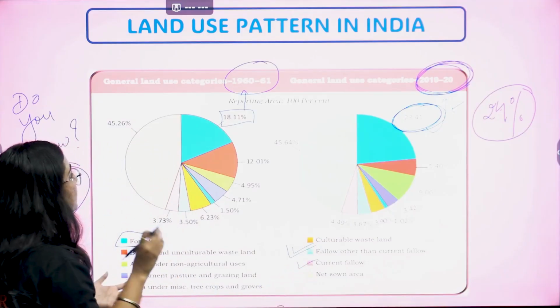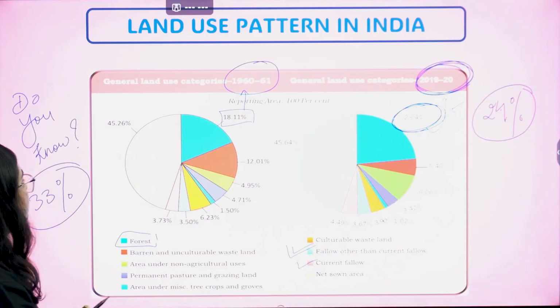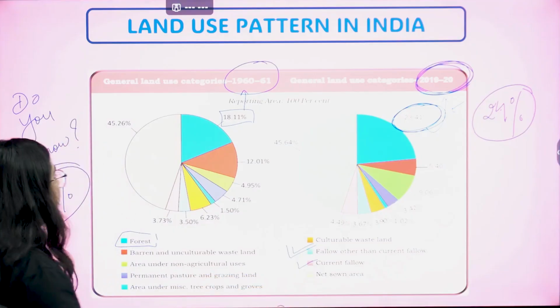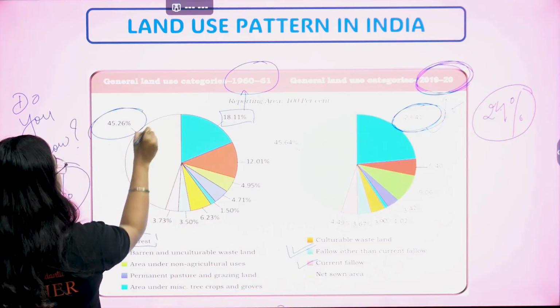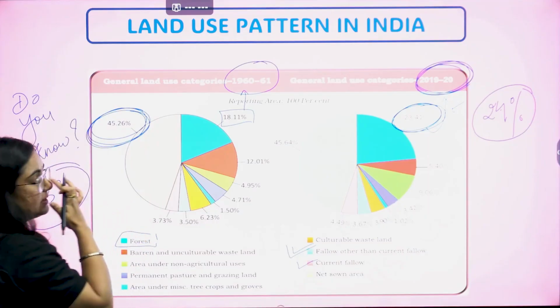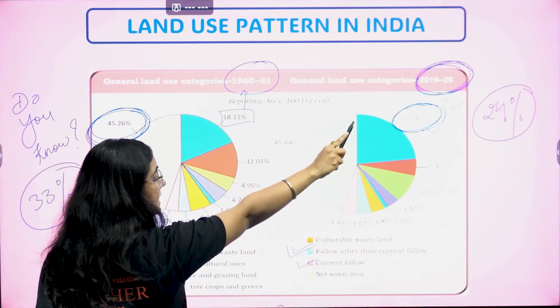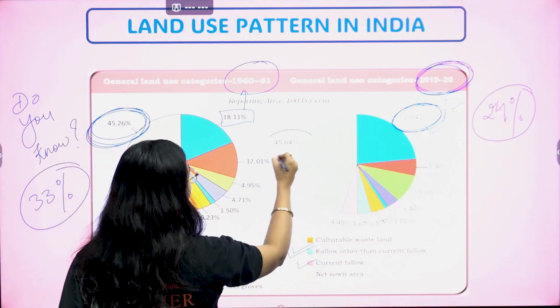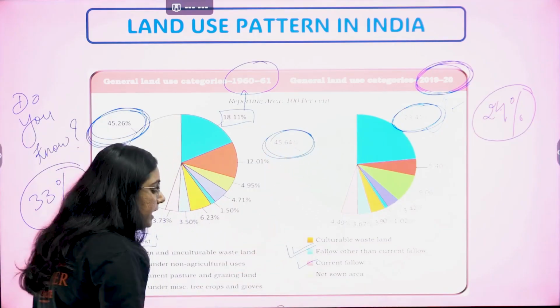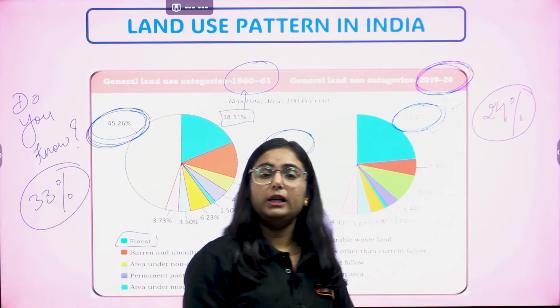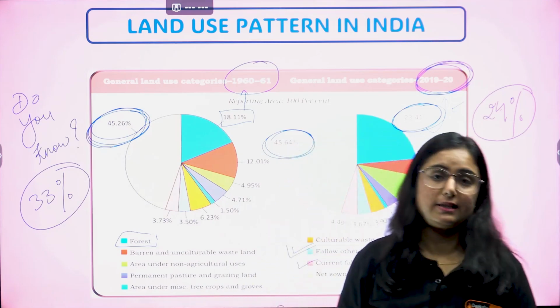Net sown area, the important point here is net sown area. See, here net sown area is 45.26%, and after so many years, till 2020, it is 45.64%, and we are aware that population has increased tremendously.